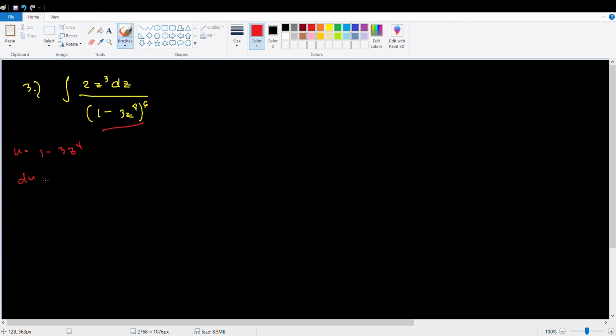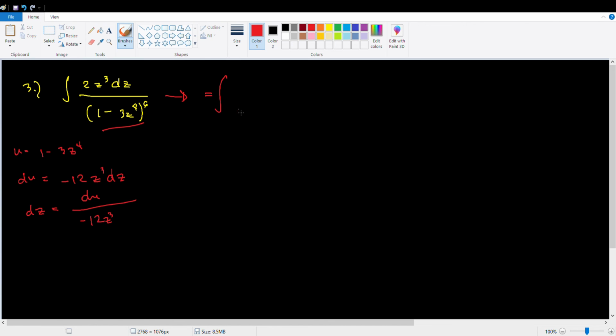So our du then is just equal to negative 12, which is the derivative of this function, z raised to 3 dz. So solving for dz, we get du over negative 12 z raised to 3, and this is our dz.